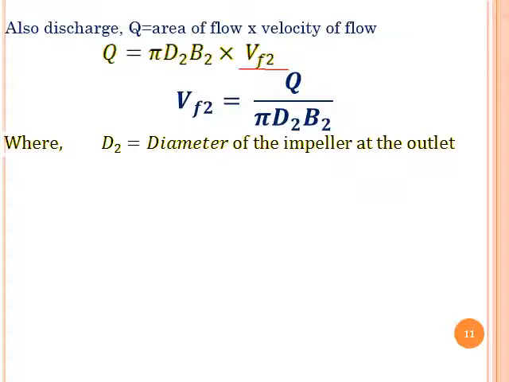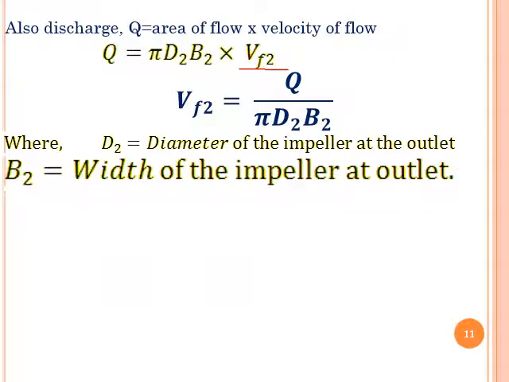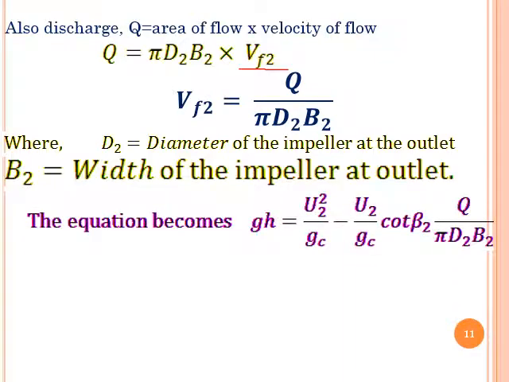Where d2 is equals to diameter of the impeller at outlet and b2 is equals to width of the impeller at outlet. So now the equation becomes, energy head is equals to U2 square by Gc minus U2 cot beta 2, and instead of Vf2 we have to substitute Q by pi d2 b2.